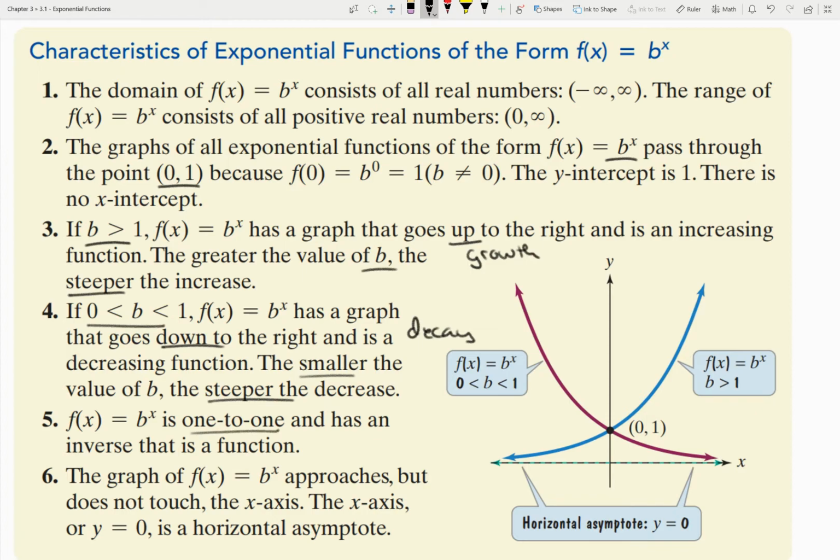This function is 1 to 1. It passes the horizontal line test, which means it has an inverse that is also a function. That inverse actually is a logarithm, and we'll cover that in the next section. The graph approaches but does not touch the x-axis, making the x-axis a horizontal asymptote.